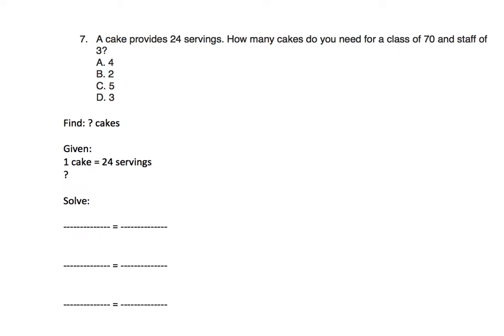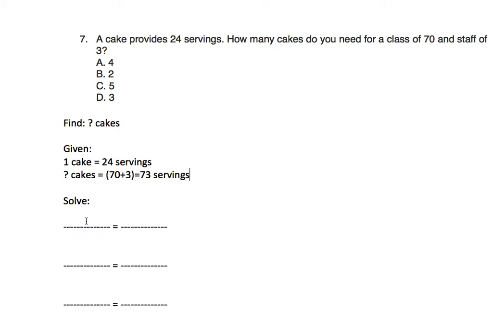So we want to know how many cakes to equal the servings that we need, which is 70 plus 3. And that, of course, is going to be 73 servings.